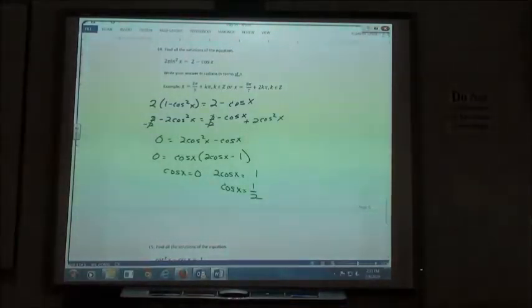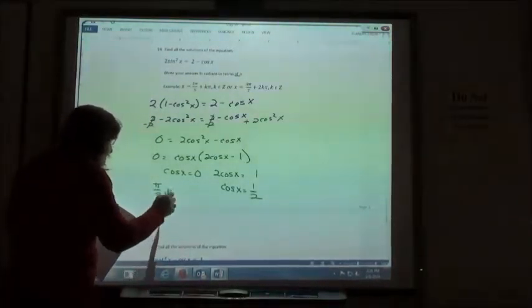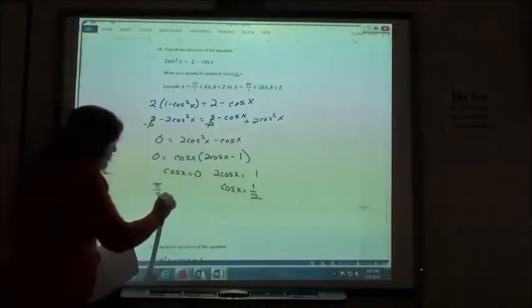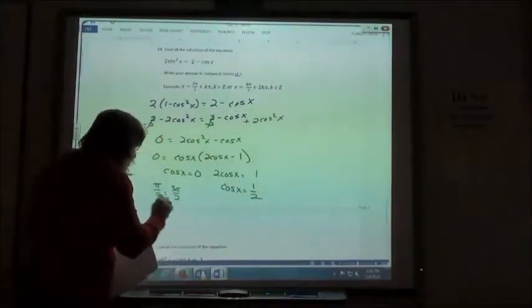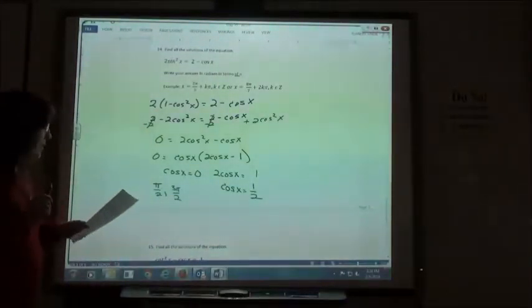So looking up in my table for the cosine equals 0, I am at pi over 2. Cosine equals 0 at 3 pi over 2. Those ones I'm going to be able to combine because they're 180 degrees apart.